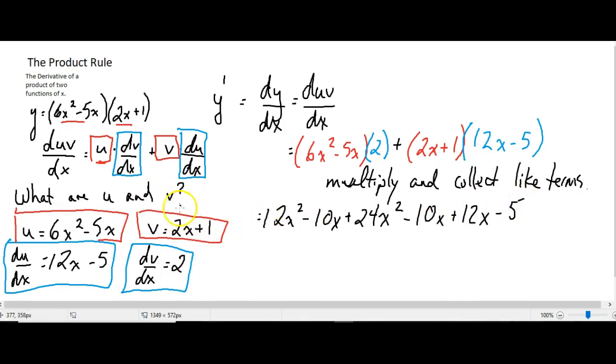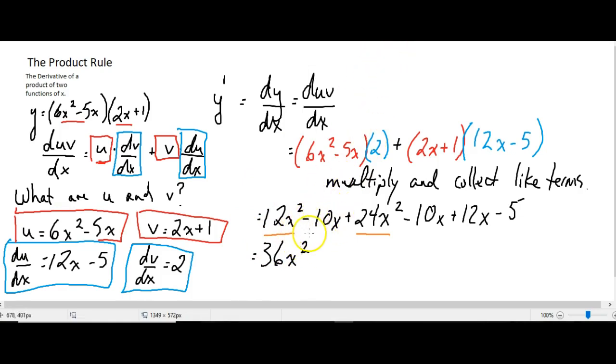Collect like terms. All right. The like terms are, in the first set of like terms, the 12x squared and the 24x squared. So that is 36x squared. Then we have terms with just x to the power of 1.